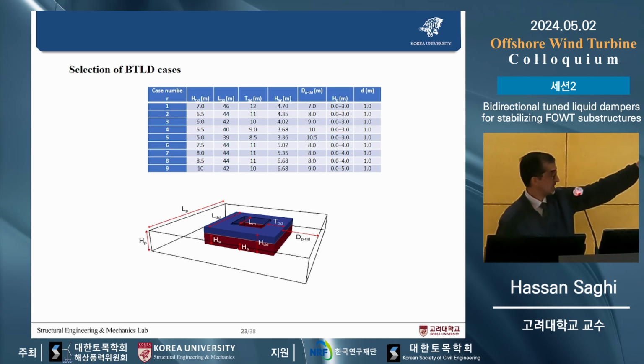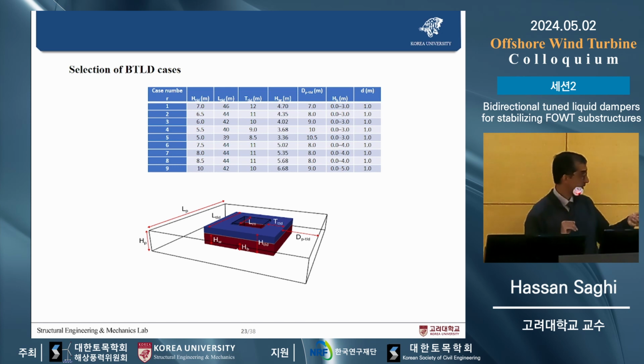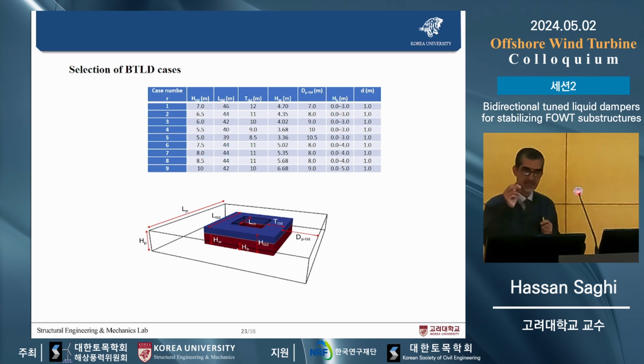As you can see here, we selected 9 cases, and also different baffle heights, because you know in a BTLCD we have baffles, so that actually the baffles make a phase lag between the fluid motion inside the tank and the wave motion, so it can decrease the pitch motion.